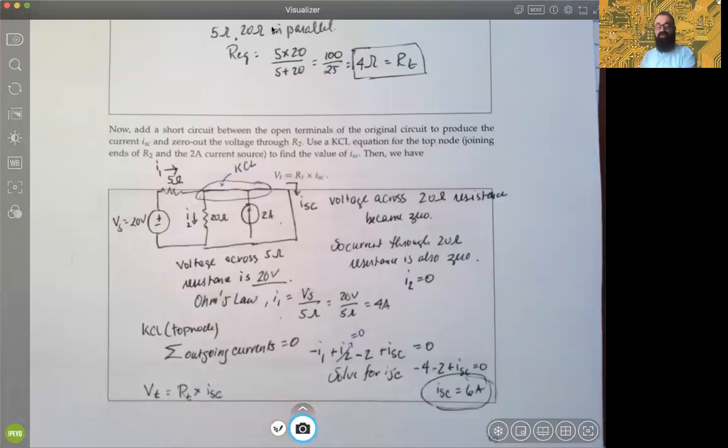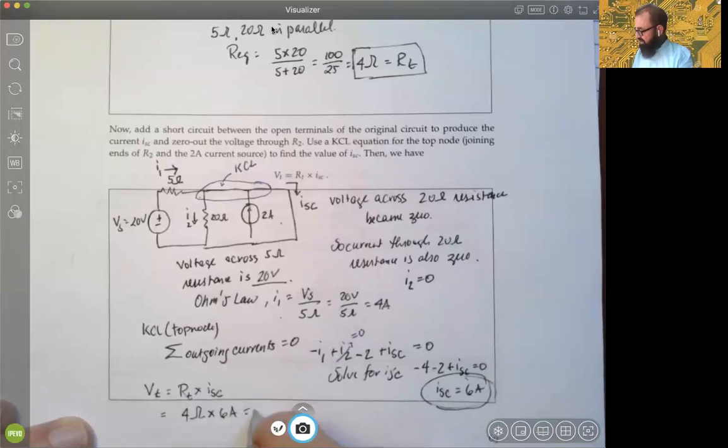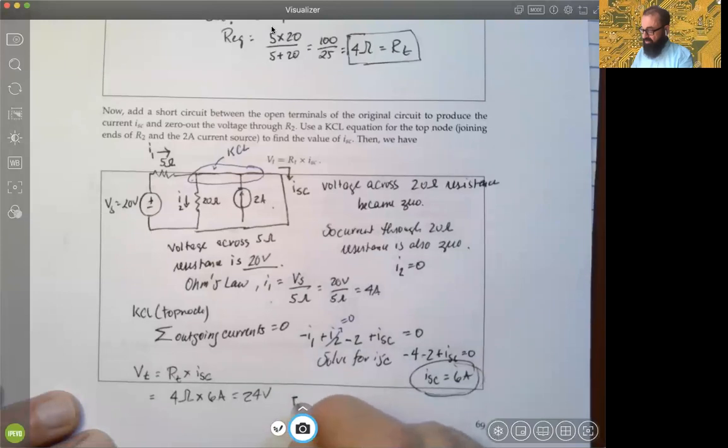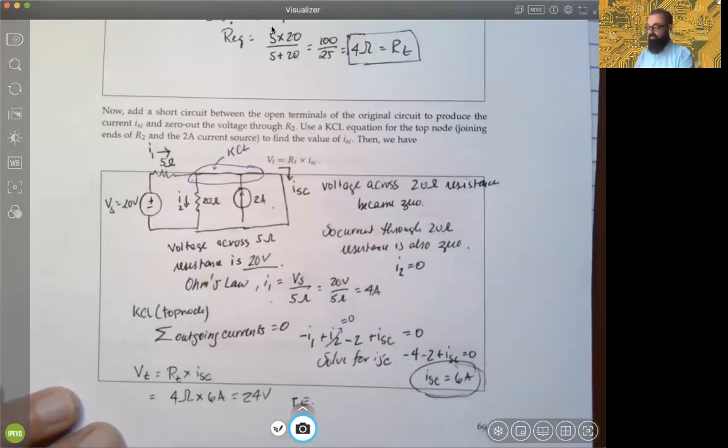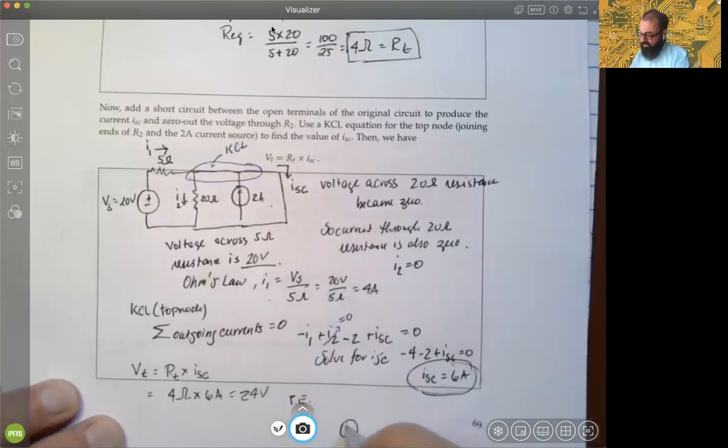In this case, you take the 4 ohms for the Thévenin resistance and multiply it by the 6 amps and get 24 volts.